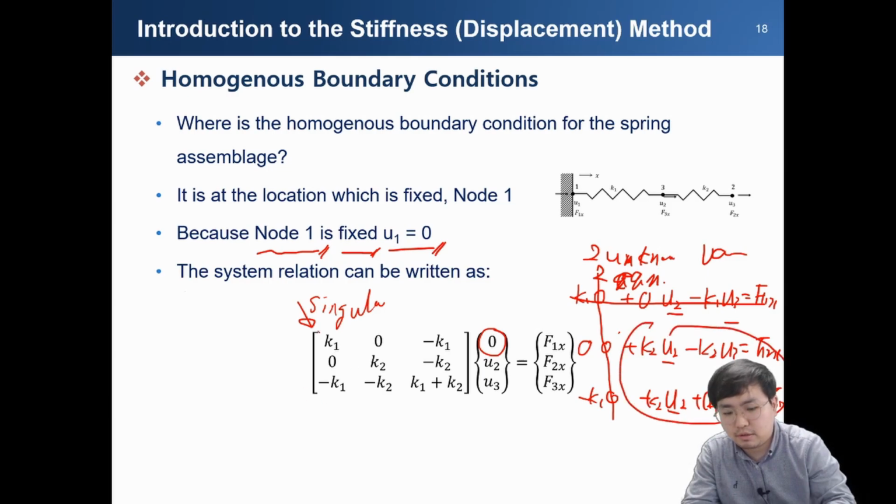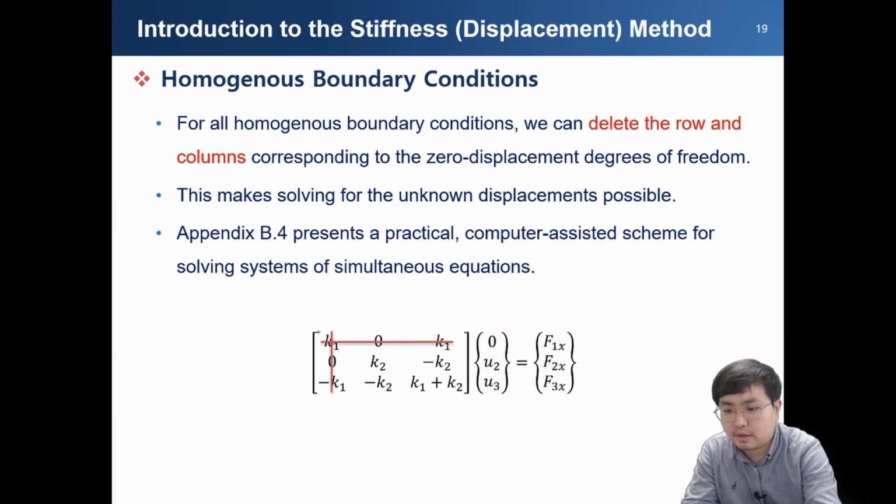So finally we can remove these two lines, and then we obtain the reduced matrices.